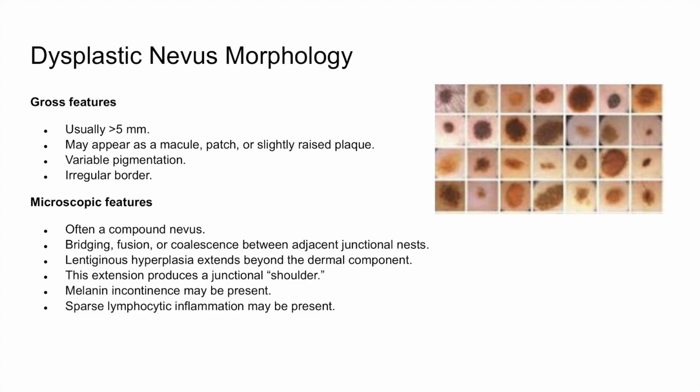This extension creates the characteristic junctional shoulder, whereas melanin incontinence occurs when pigment escapes into the dermis and is taken up by the macrophages, and a mild lymphocytic infiltrate may also be present. These atypical features justify surveillance, but a dysplastic nevus is not automatically melanoma.